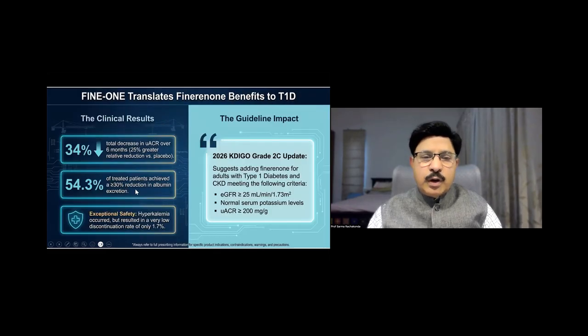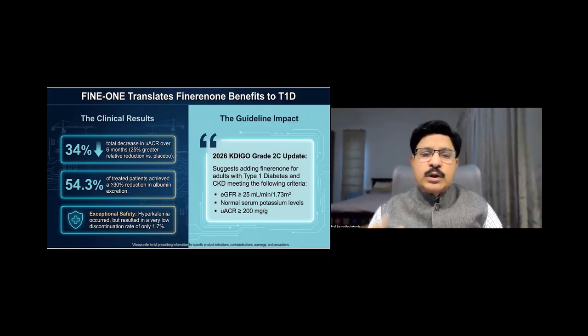Now, you have got what is called the exceptional safety of this drug. Finerenone is exceptionally safe and hyperkalemia occurred but resulted in very low discontinuation rate, not much of this one. Otherwise, the aldosterone inhibitors are there, which are the classical MRA type of drugs which we have, and those drugs produce a lot of hyperkalemia.